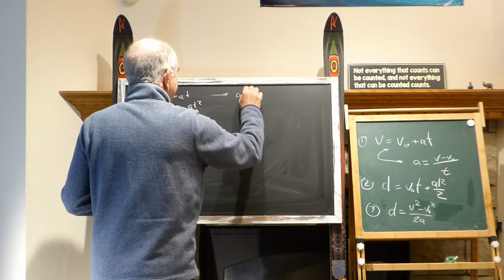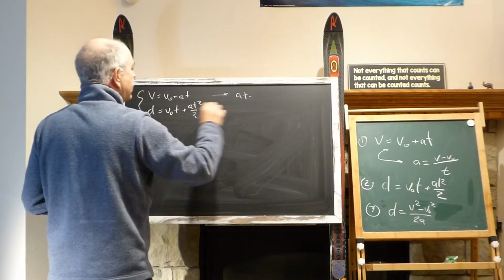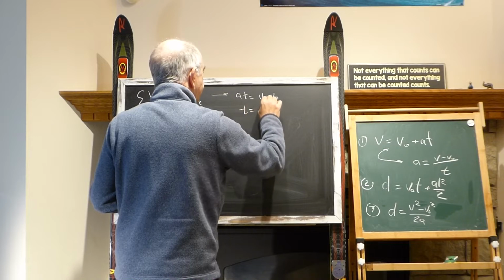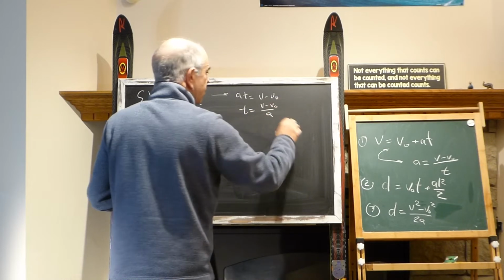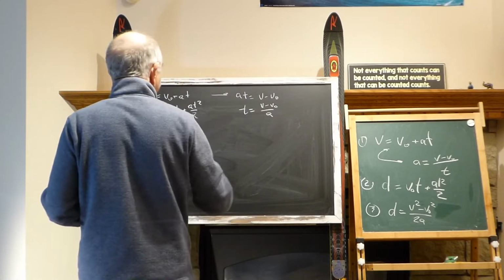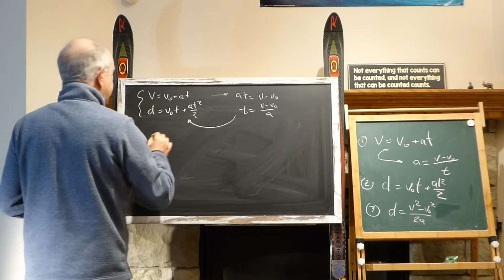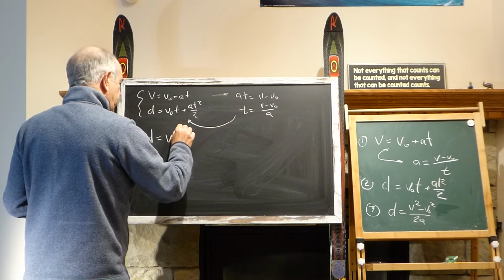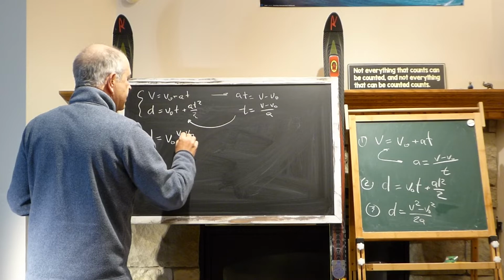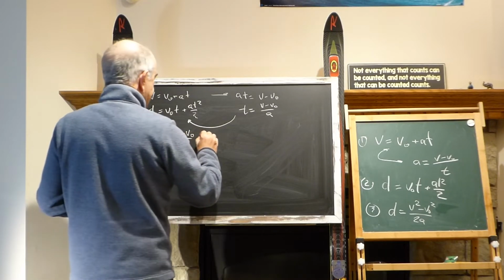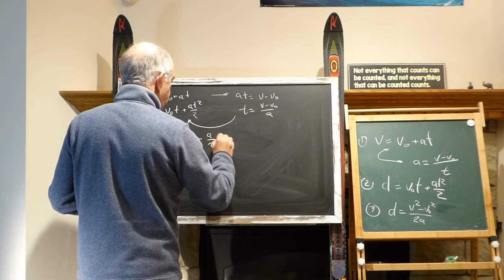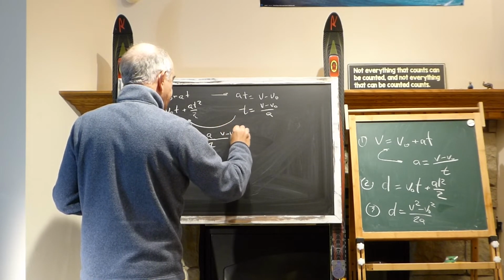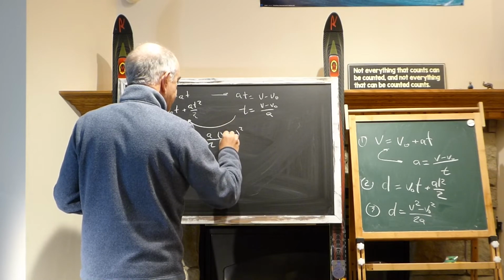We can have AT equals V minus V0, so t equals V minus V0 over A, basically the same as here. And now we're plugging this t here. So we have D equals V0 times V minus V0 over A. And then we add A over 2, and instead of t, we write V minus V0 squared over A squared.